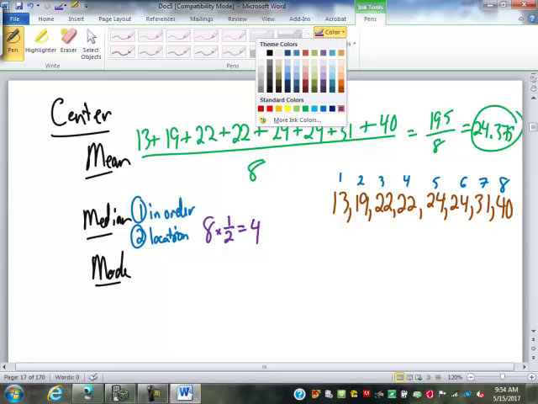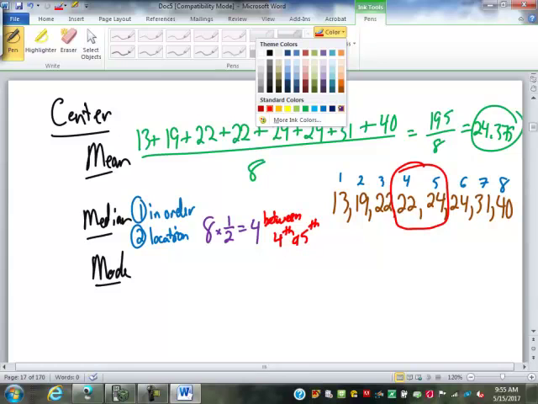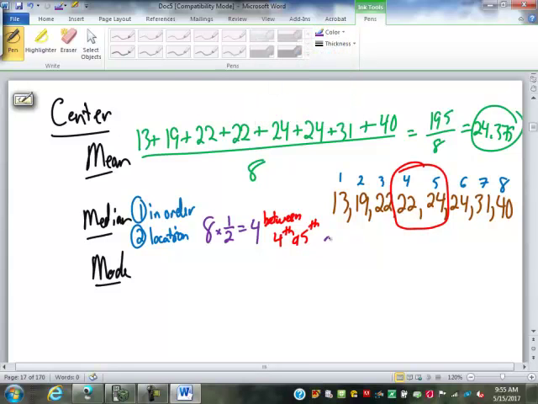So since that's a whole number, it tells me that it is 4th and 5th. If it's a whole number, that means it's between that one and the next one. If it's a decimal, then we round up and it is the next number. So it's between 22 and 24. So we're going to add them together and divide by 2, which is 23.